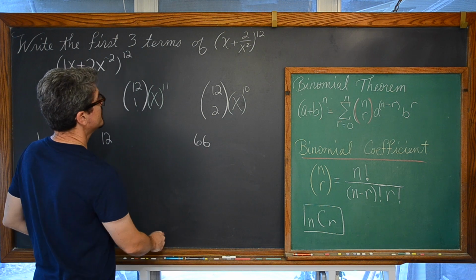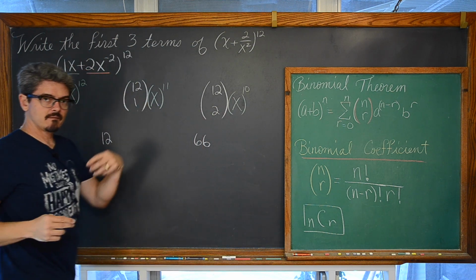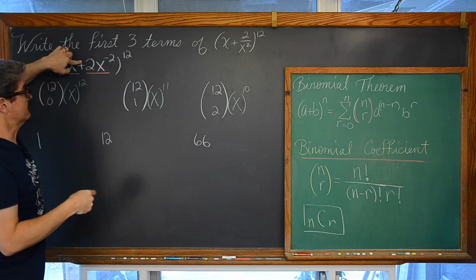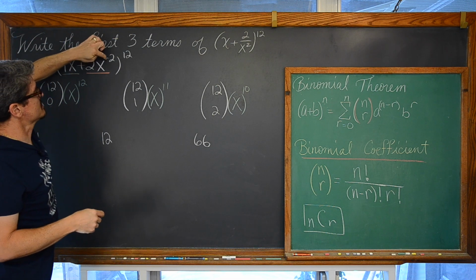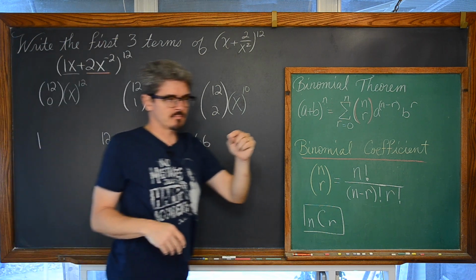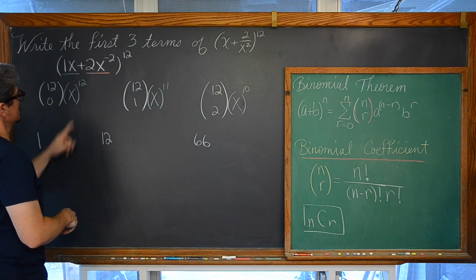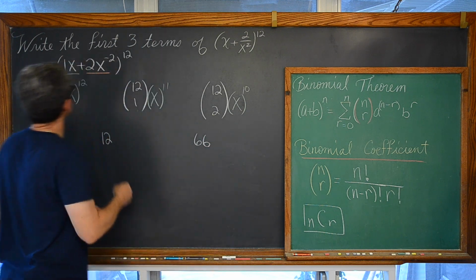And then we'll use our second term, include the 2, and include the negative, by the way. If you have a minus, like x minus 2x to the negative 2, think of that as plus a negative 2x to the negative 2, and include the negative as you start identifying what a and b are.